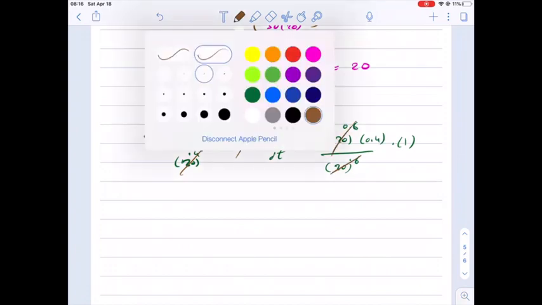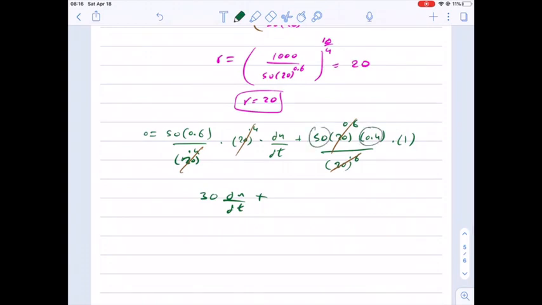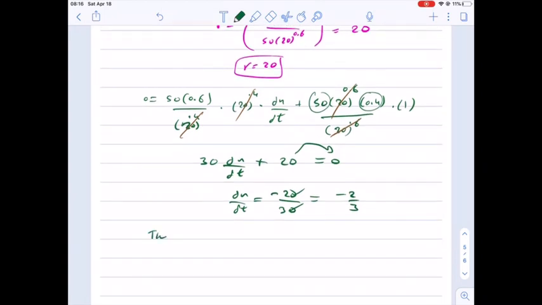We can cancel this and this, and we get 30 dn over dt plus 20, because when we multiply 50 by 0.4, we get 20 times 1 is 20, equal to 0, and then we solve for dn over dt. It's negative 20. We bring this to the right hand side and divide by the coefficient of dn over dt. So simplify more, you get negative 2/3.